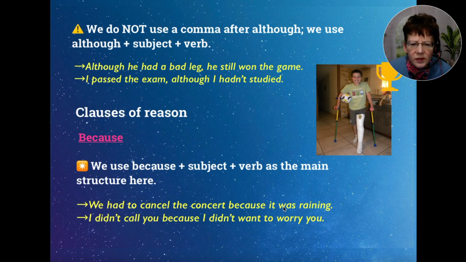So this starts another clause, subject plus a verb, was raining. And then we have: I didn't call you because I didn't want to worry you. So another clause following that, because I didn't want to worry you. Negative here. All right.